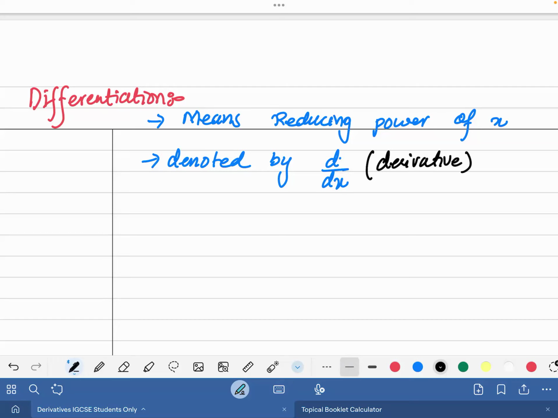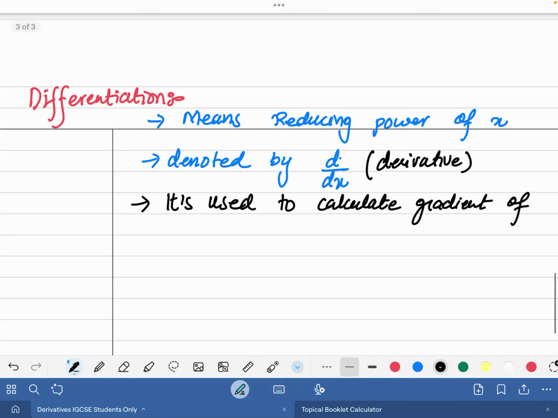Why we use derivative? It is used to calculate gradient of a curve at a particular point. किसी भी कर्व के अंदर किसी खास पॉइंट के ऊपर ग्रेडियंट को कैलकुलेट करने के लिए वी टेक डेरिवेटिव.